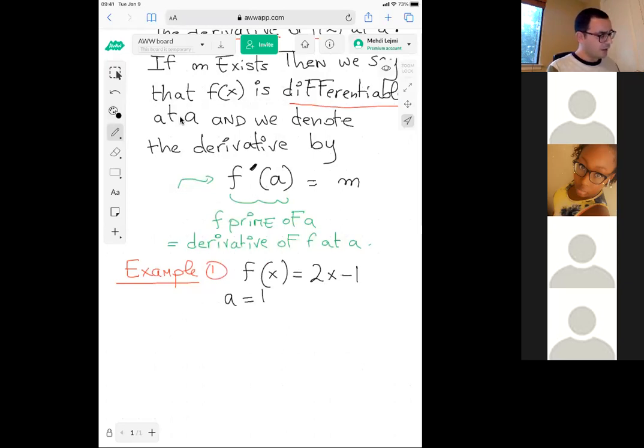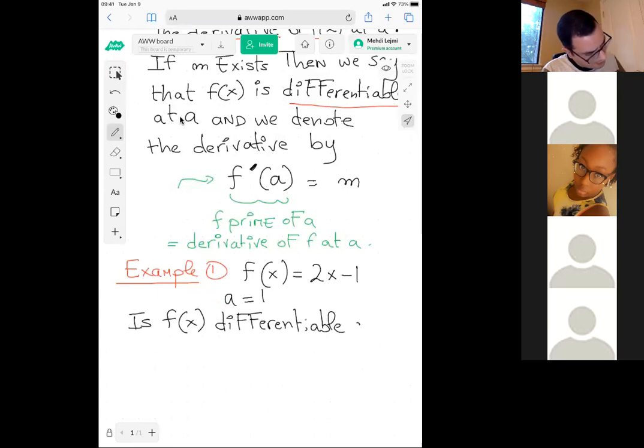The question is: is f of x differentiable at a equals 1? Let's try to find f prime of 1.